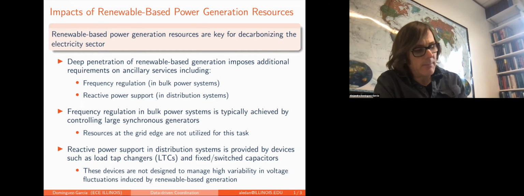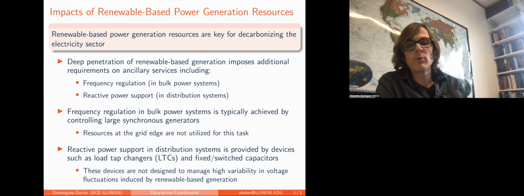It turns out that there are many resources at the grid edge that could potentially be utilized to address these issues posed by the integration of renewables. So for example, you could have small generators at the distribution level that, if coordinated properly, could provide the frequency regulation that large generators were providing before, and so on and so forth, right?